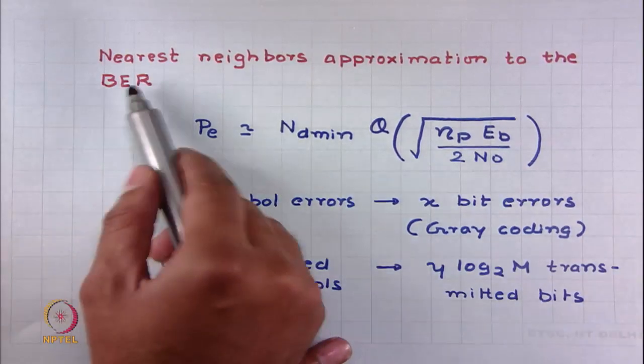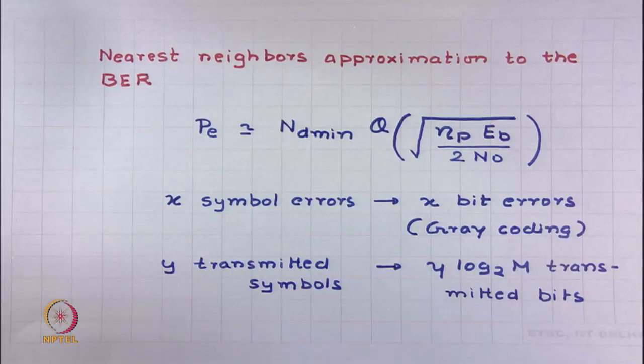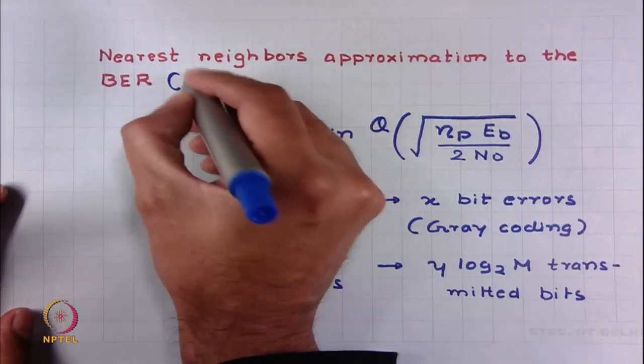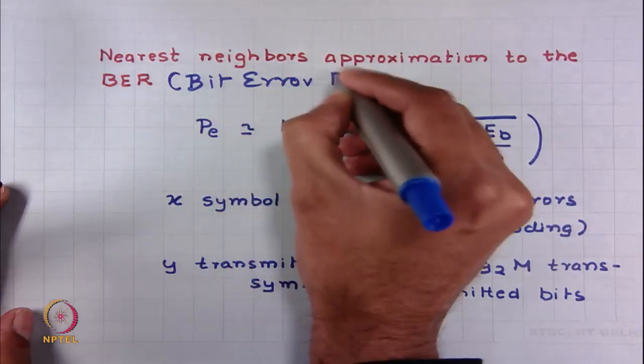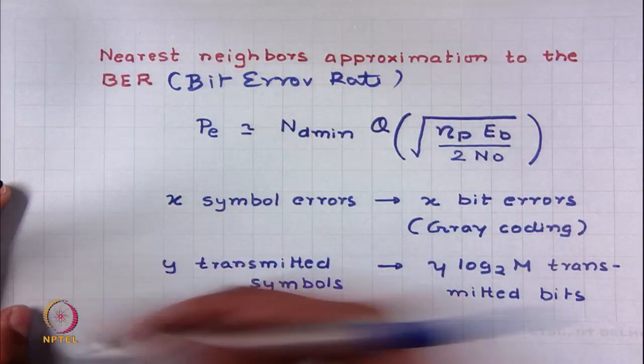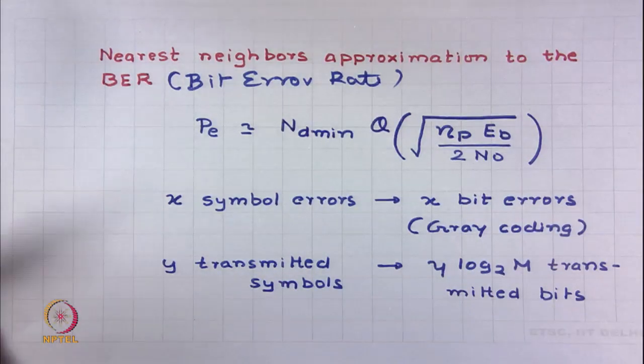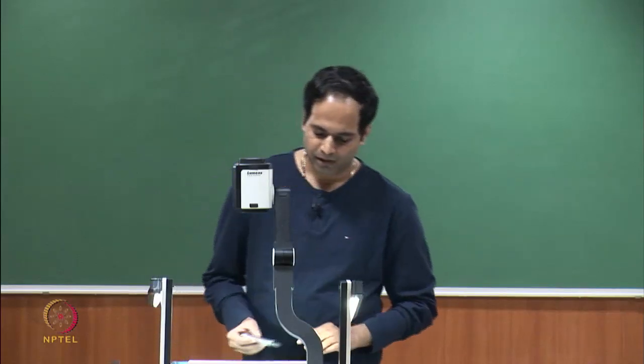Okay. BER is an important word. BER stands for bit error rate. Okay. So, sometimes we call this as probability of bit errors or simply bit error rate, all right, BER.